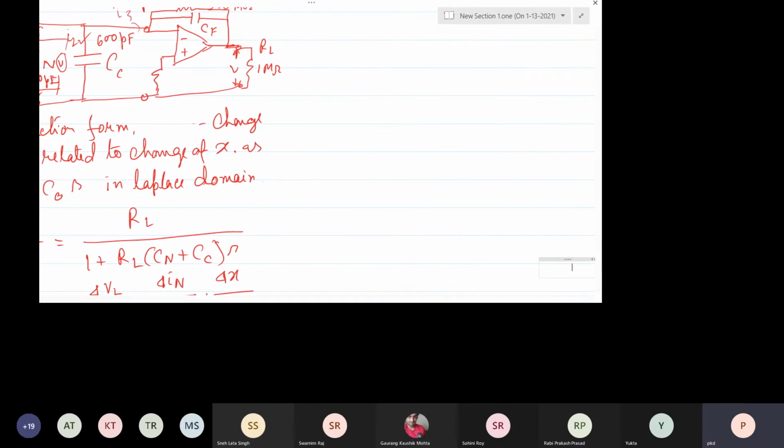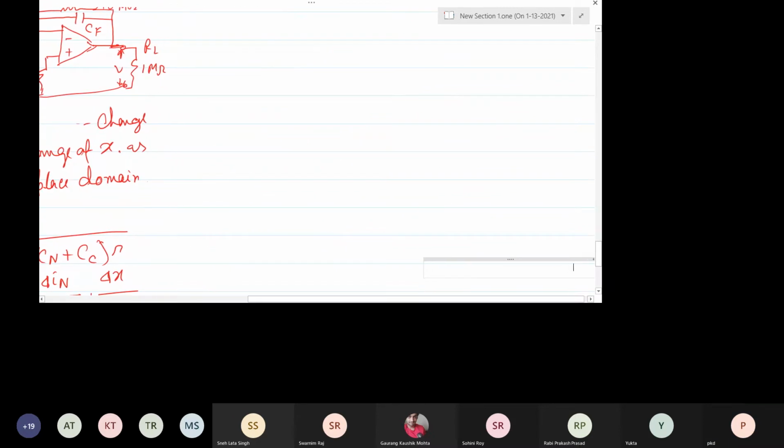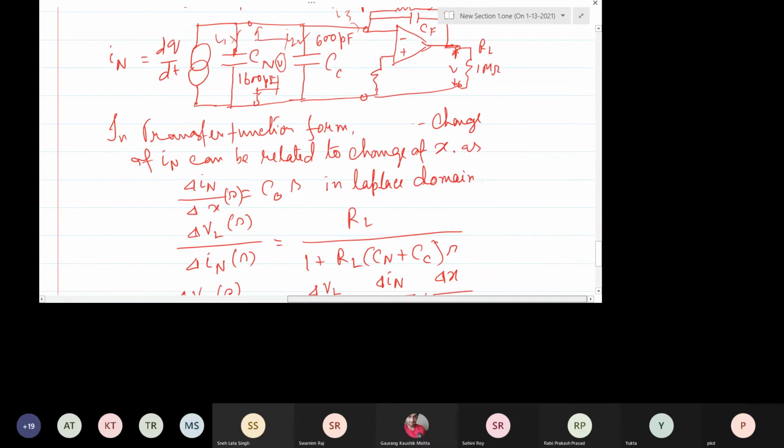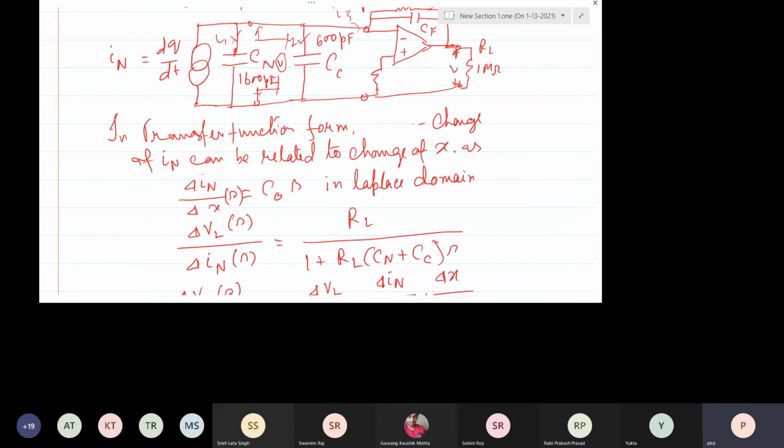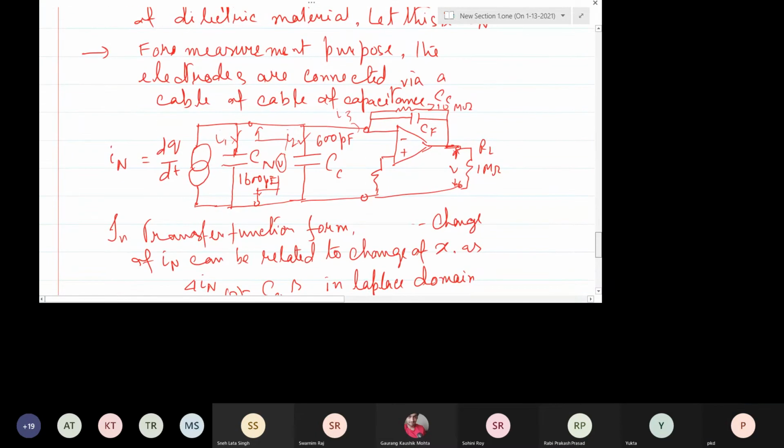We can do it the other way also. We can get this input voltage as IN multiplied by this Cn plus Cc, and then we can get the output voltage.